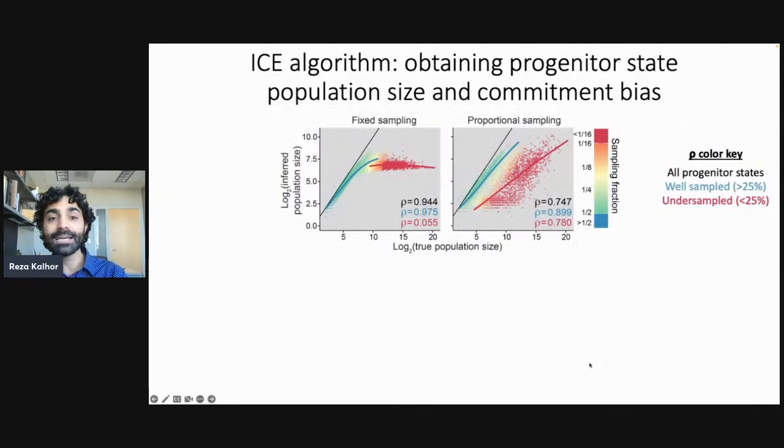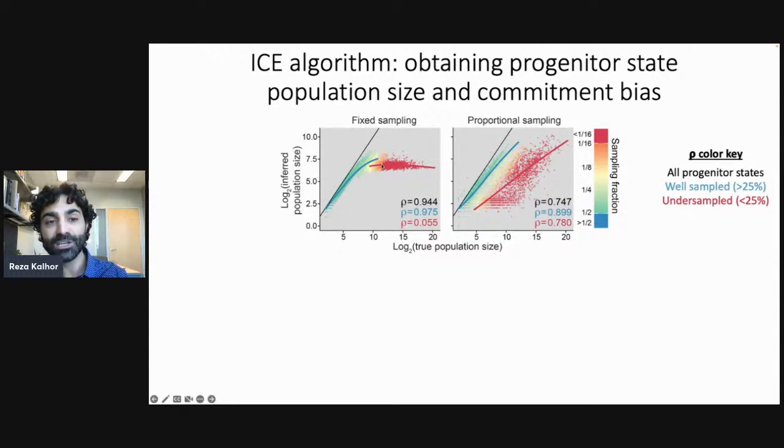So we next evaluated the performance of this algorithm, first for estimating population size. Here you're seeing the log2 of the true population size as simulated for all of the progenitor states in our panel of 3,000 fate maps. And here you're seeing the estimated size as measured by the algorithm I just presented in the previous slide.